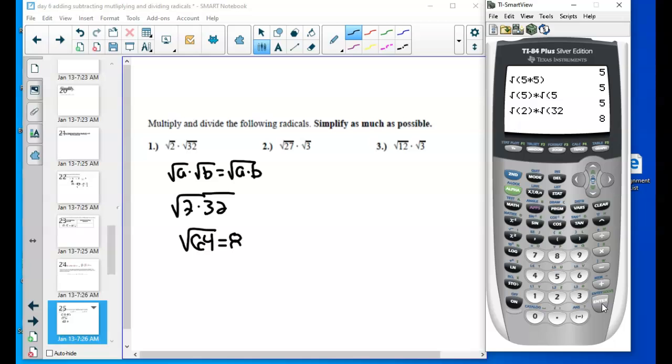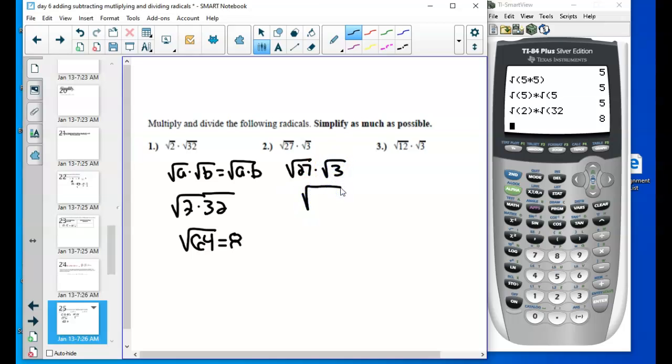So just looking at number 2, taking the square root of 27 times the square root of 3, I can put them all underneath the same radical sign. And I get that to be the square root of 81. And that just turns out to be 9. Okay?